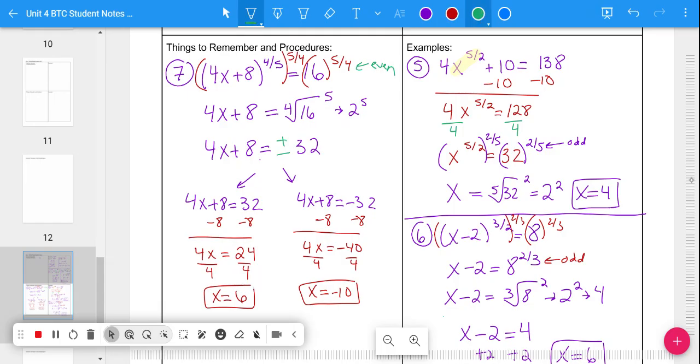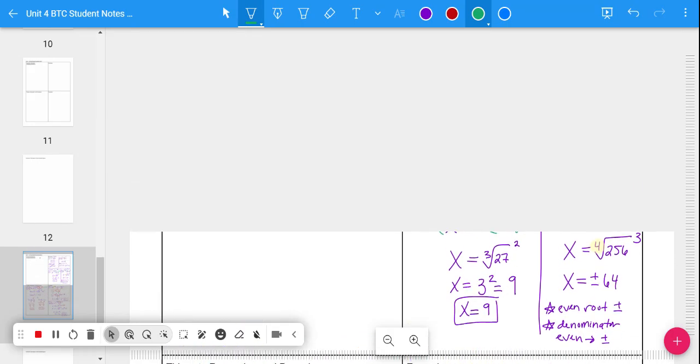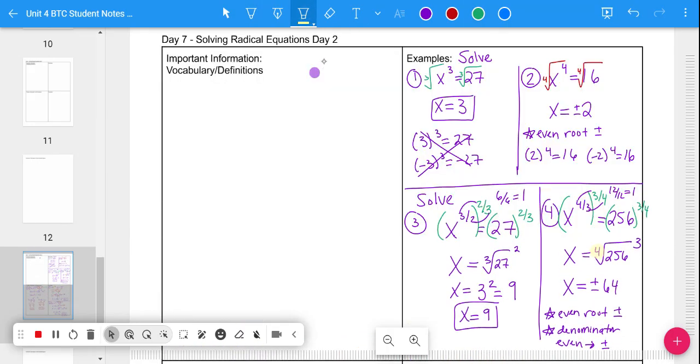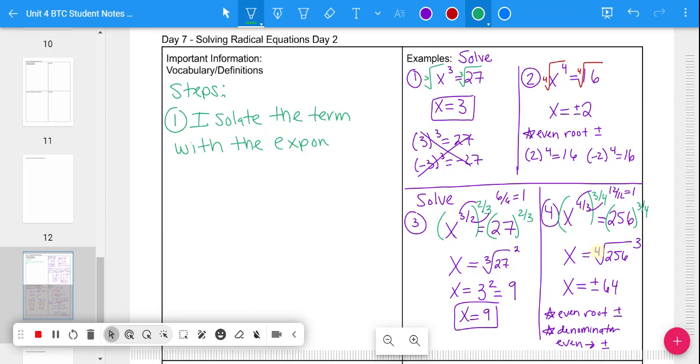All right, so let's put some steps up here in our notes so that we remember what we need to do. So our steps for solving are we want to isolate the term with the exponent. Raise each side to the reciprocal power.